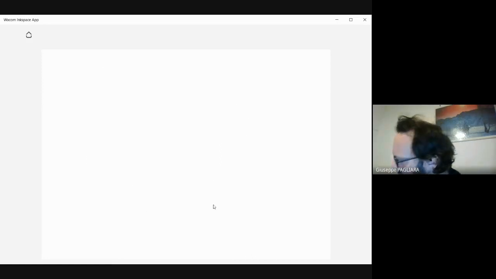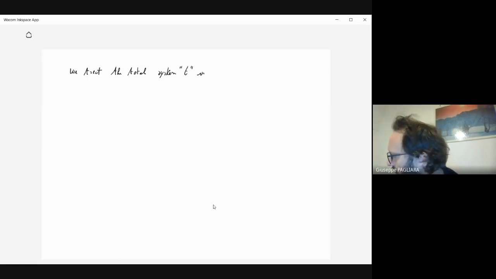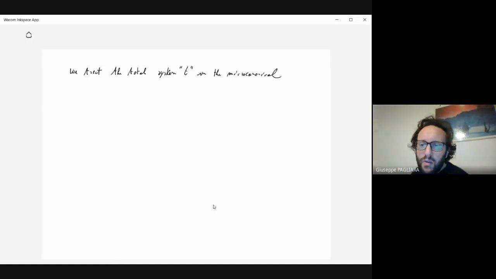The total system. So we treat the total system T in the microcanonical ensemble, because the total system is isolated, whereas its two parts, S and R, are not isolated and can exchange energy among themselves. Okay?